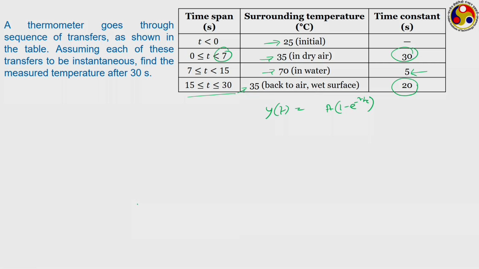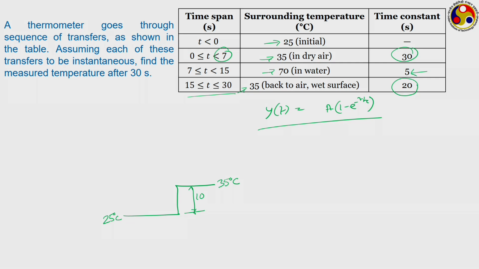So, initially the thermometer is maintained at 25 degree Celsius, and now input changes to 35 degree Celsius. So, height of the step is this 10 degree Celsius, but you also have to be careful that this expression we have derived by assuming initial value of y to be equal to 0, but here y is kept at 25 degree Celsius.